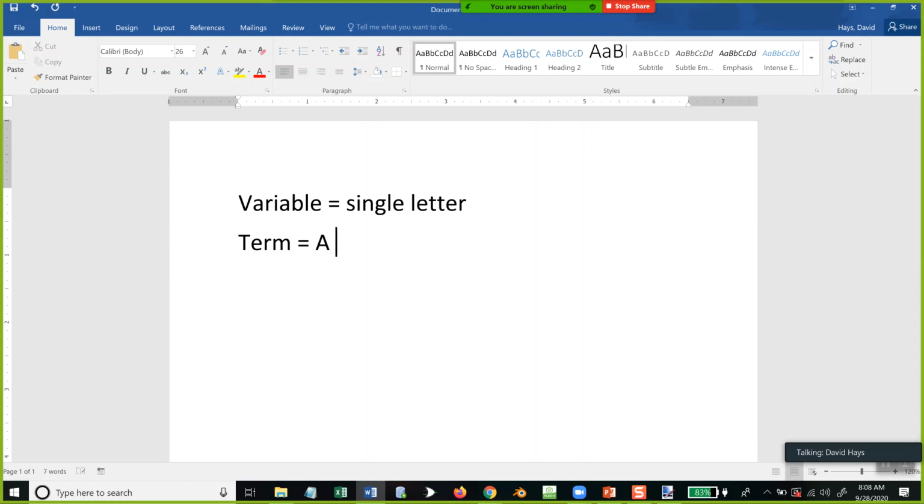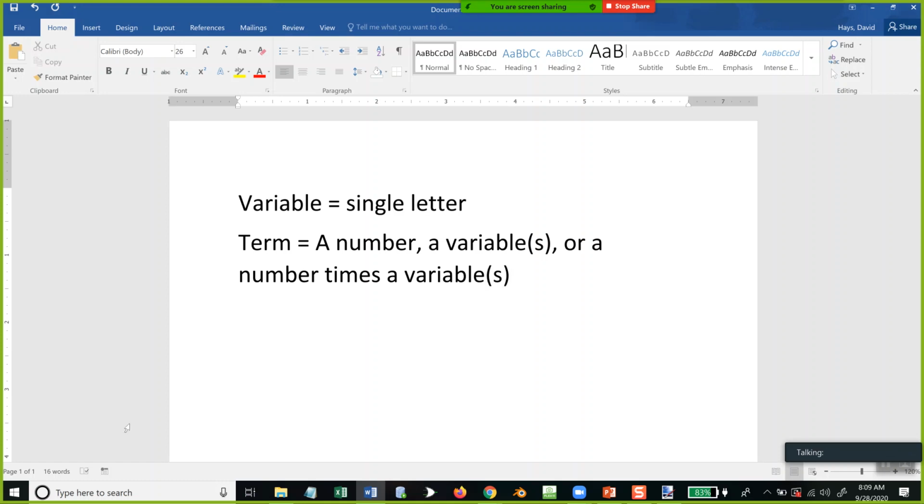Now a term is a number, a variable, you can have more than one, or a number times a variable. Example, you could have like 5. That would be a term. 7x would be a term, a number times a variable. x squared would be a term.